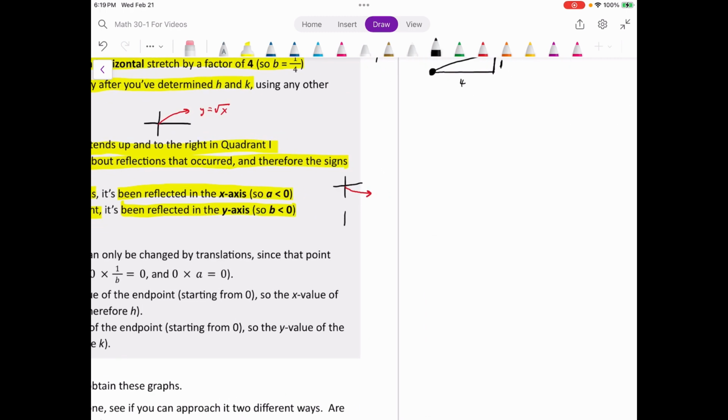That would look like this. Instead of extending to the right, where x gets more and more positive, it extends to the left, where x gets more and more negative. It has to have been reflected across the y-axis, right? Just like we see here. If I reflected this across the y-axis, it would end up looking like this. Instead of extending to the right for x's, it extends to the left.